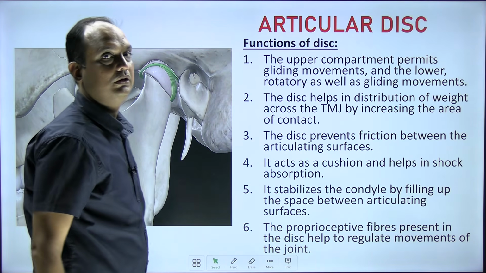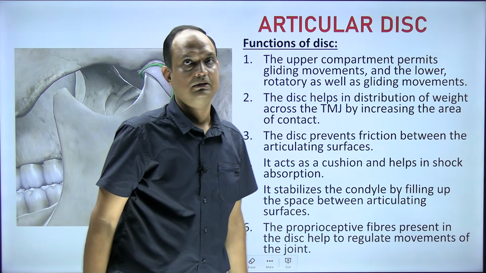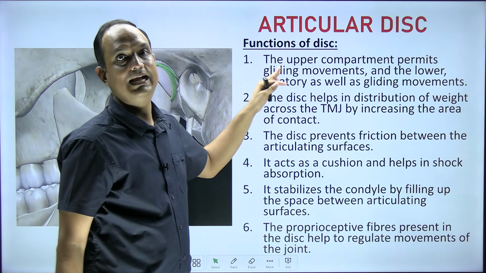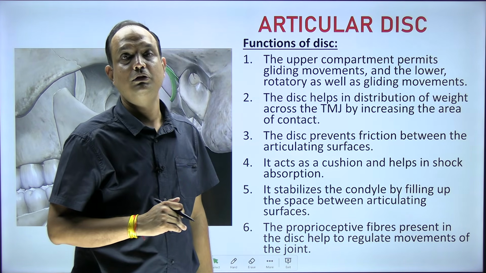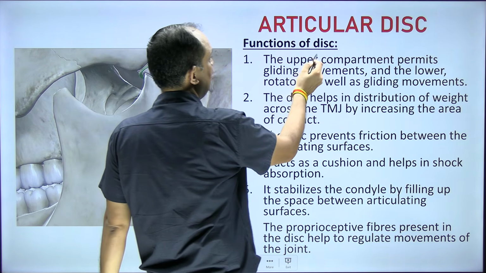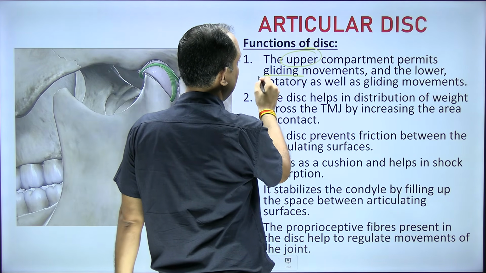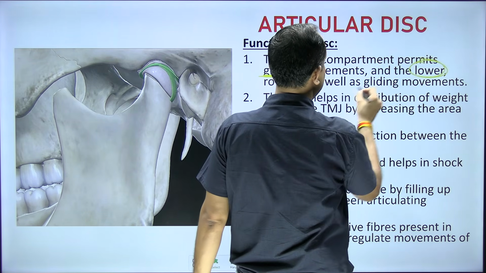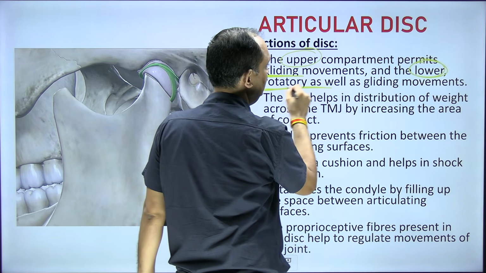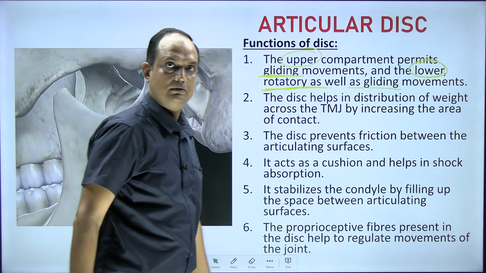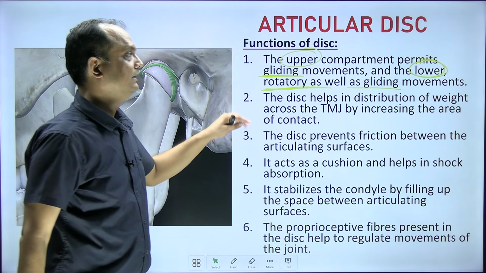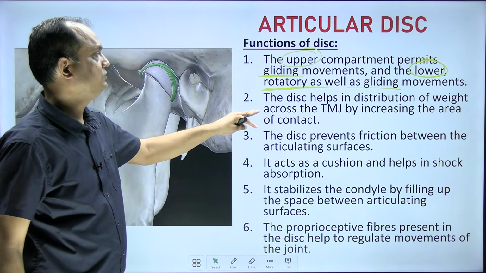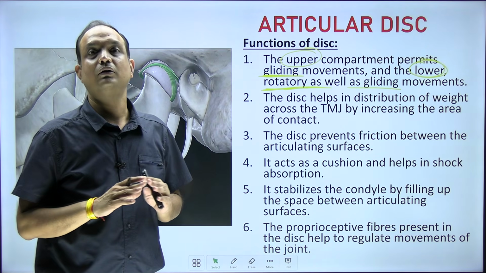Now, what are the functions of the articular disc? The first function is that it divides the joint cavity into the 2 compartments. The upper compartment provides the gliding movement, while the lower compartment provides mainly the rotatory movement along with the gliding movement. The second function is that this disc is helpful in distribution of the weight across the TM joint.